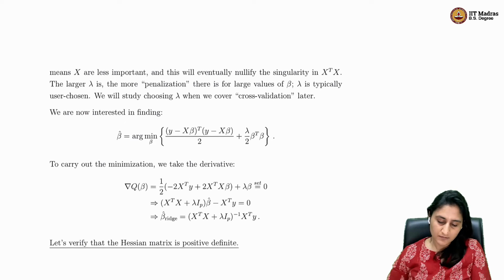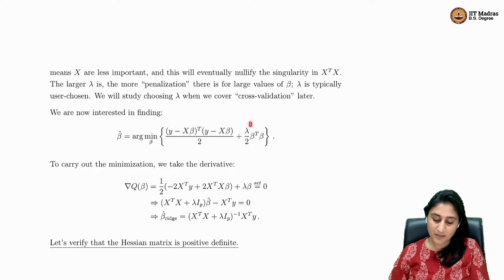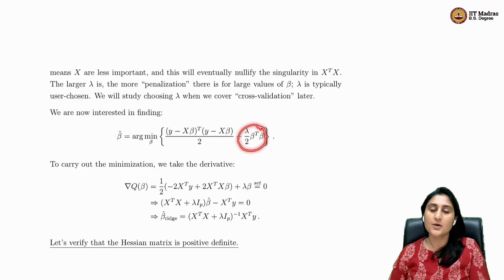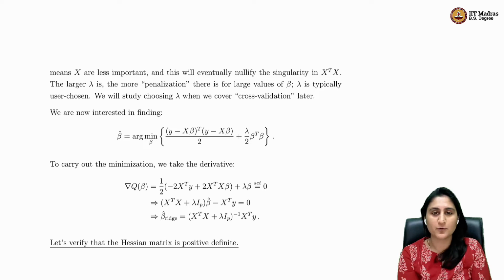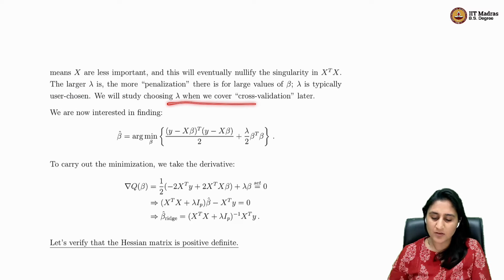Okay. Further, the larger the value of lambda, the more the penalty. Right? So that means if lambda is large, then we're pushing for larger penalization, which means it's pushing to zero more and more. So lambda is typically chosen by the user, and we'll learn how to choose lambda in the future when we cover topics like cross-validation.